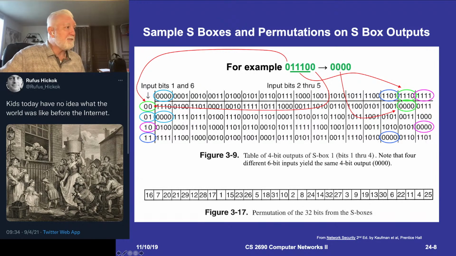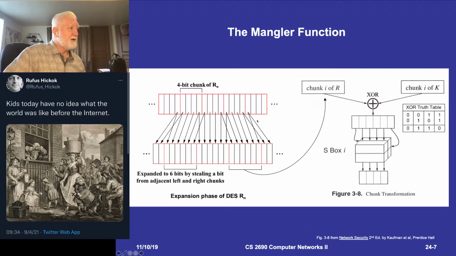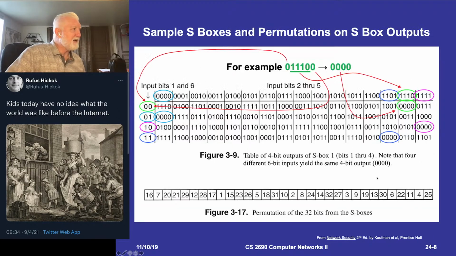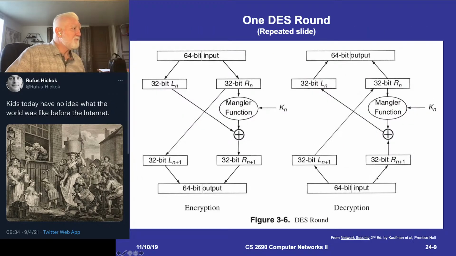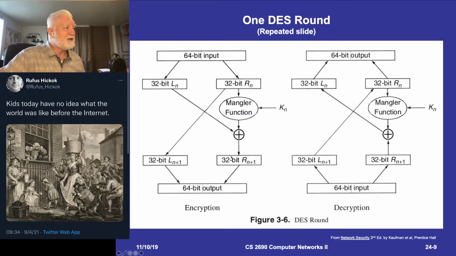It's just a table lookup, and that is the SBox function to give me these bits back. Then that pops out of the mangler function. I XOR that with the left. So the right side is munged and XORed with the key, that value is XORed with the left, and all that does is create this 32-bit R.